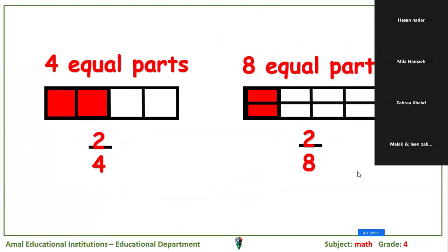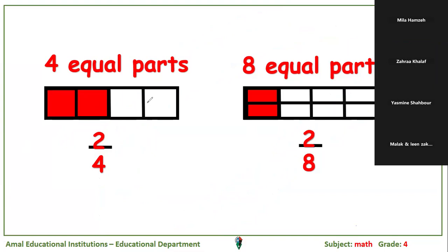What can you say about the size of the piece? So 2/4 is bigger than 2/8. The pieces are big in the 2/4, because we divide the whole into the smaller number of parts, so the size of the piece will be bigger.